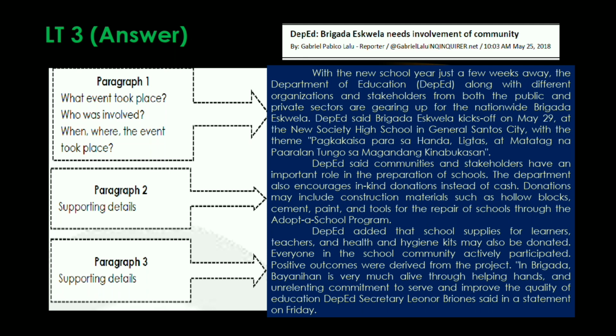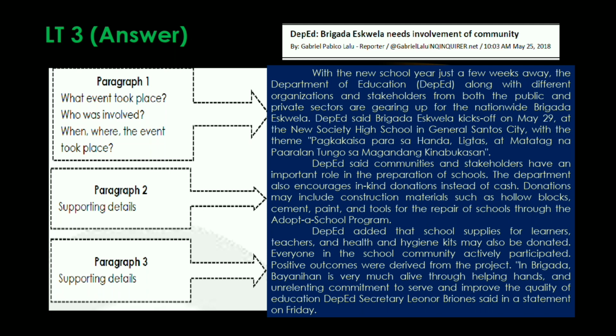With the new school year just a few weeks away, the Department of Education along with the different organizations and stakeholders from both public and private sectors are gearing up for the nationwide Brigada Eskwela. DepEd said Brigada Eskwela kicks off on May 29 at the New Society High School in General Santos City with the theme Pagkakaisa para sa handa, ligtas at matatag na paaralan tungo sa magandang kinabukasan.